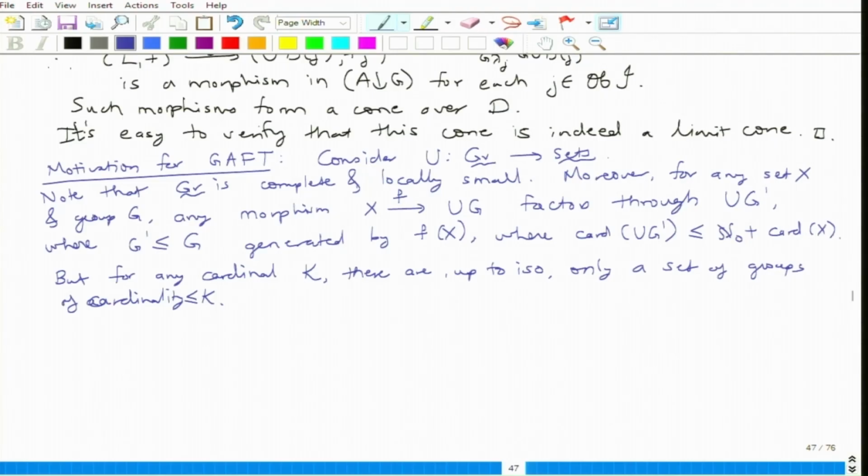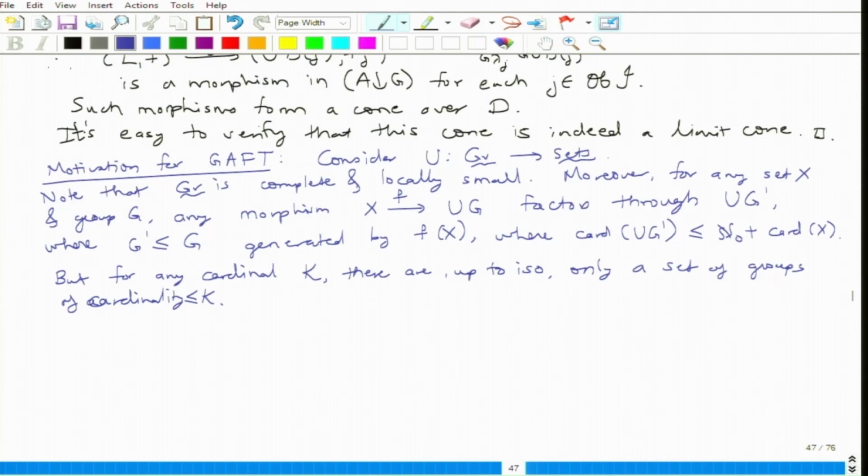So basically this property is extremely important. What does this property say? That you can always factor through a group which is of a specific cardinality, which cannot exceed a specific cardinality. Any set function will always factor through one such thing.